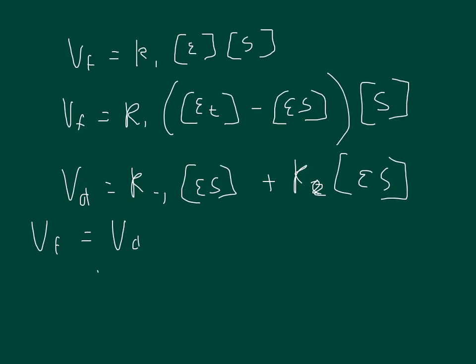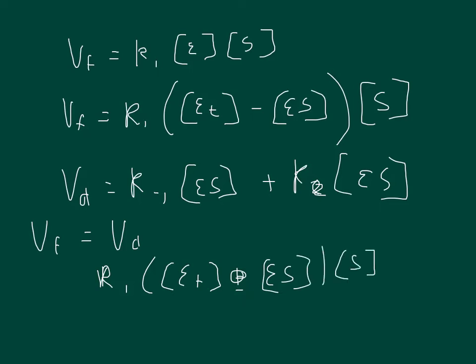So we would get k1 times the concentration of the total enzyme minus the enzyme-substrate complex, times S, is equal to k-1 times the enzyme-substrate complex plus k2 times the enzyme-substrate complex.